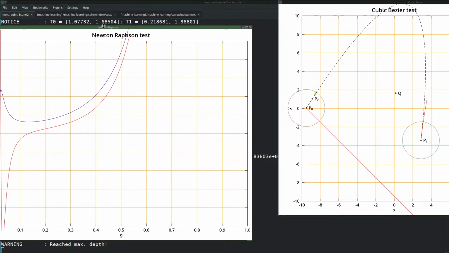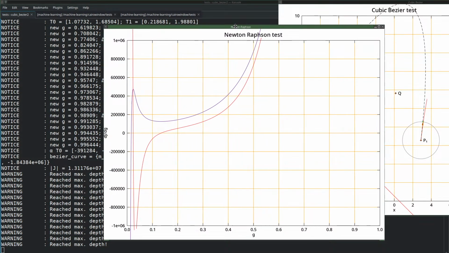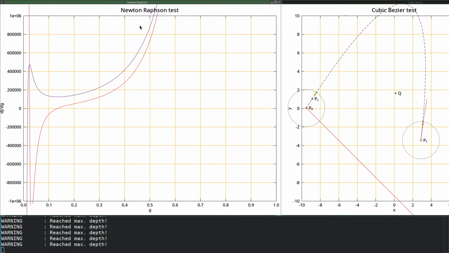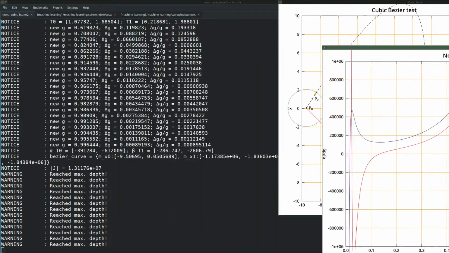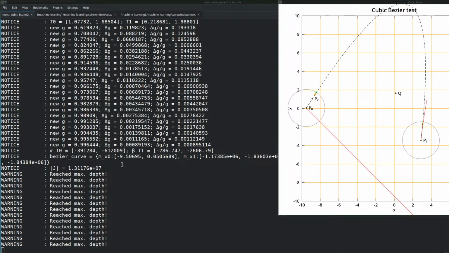Mhm. Did it find it or did it not find it? It's kind of in the way now, isn't it? New G, 0.996.